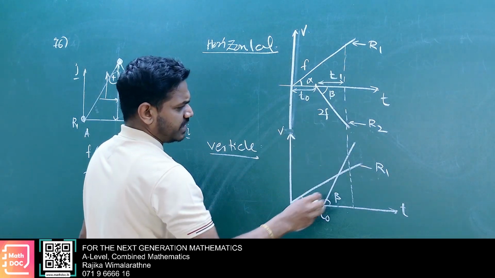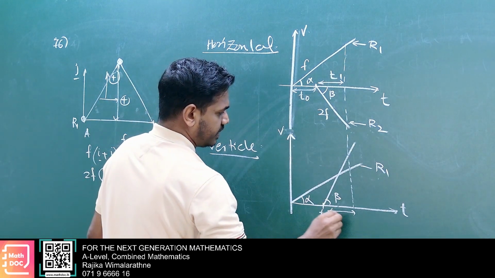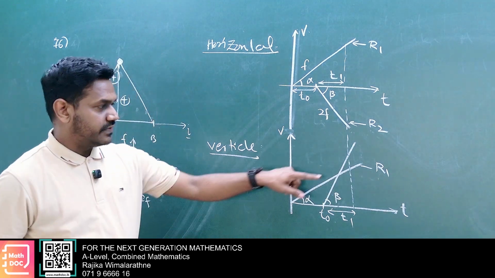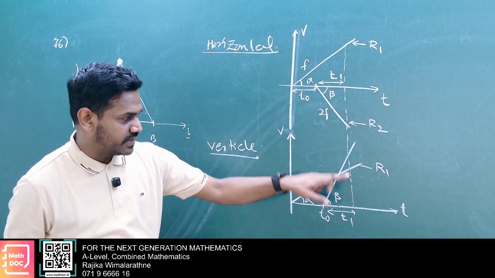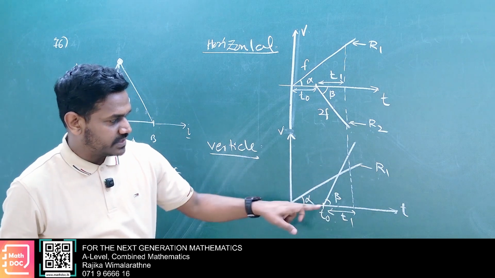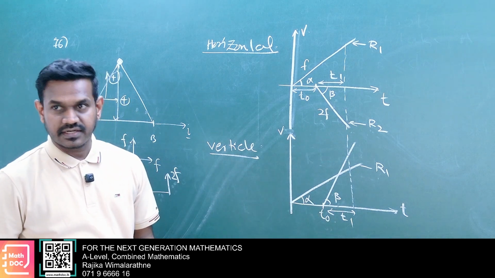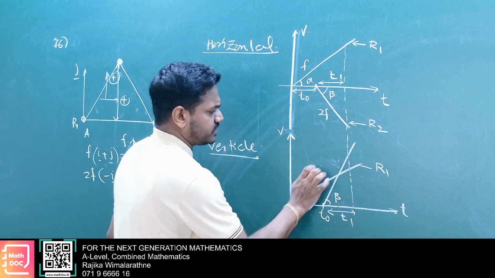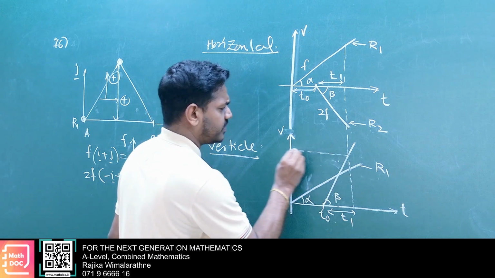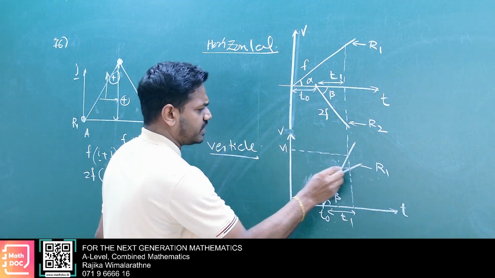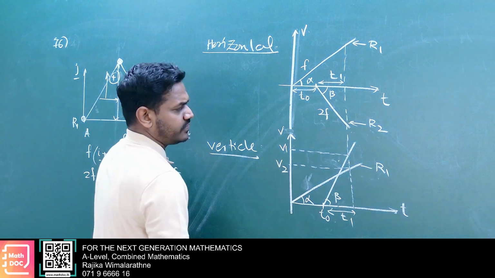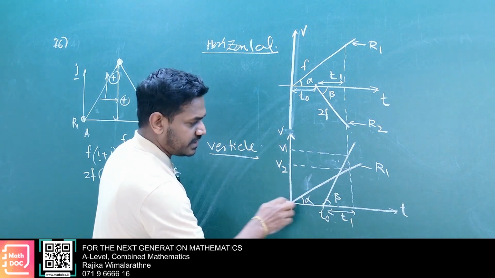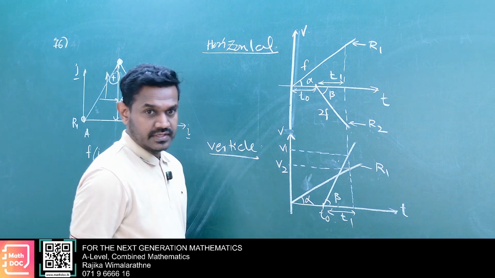Then vertical motion: this displacement you equate to the displacement of this area, the triangle areas. Here F, 2F. Mark V1 and V2, find V1, V2, and this triangle area and this triangle area must be the same. Now start.